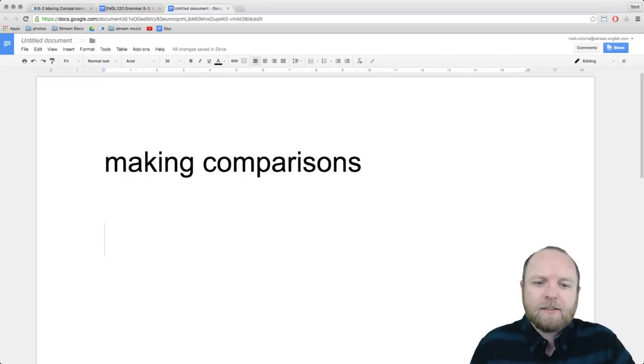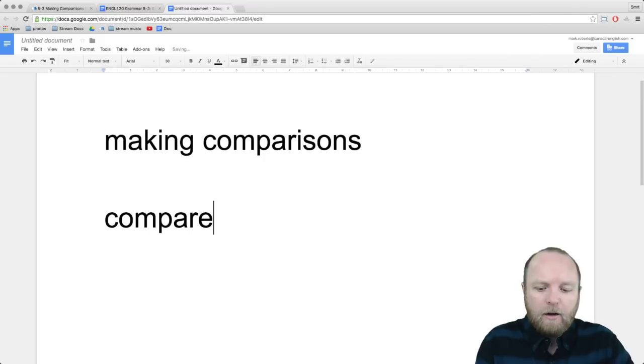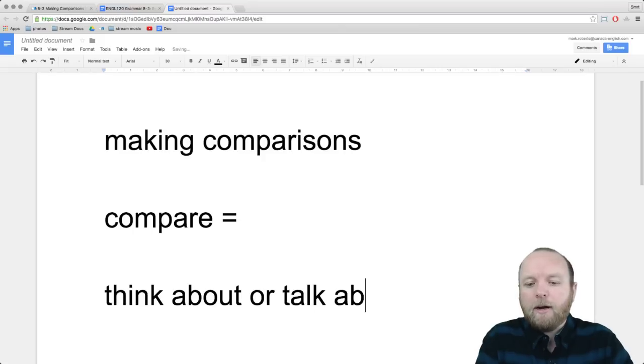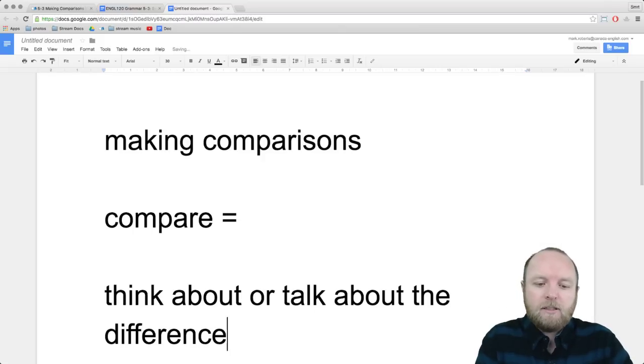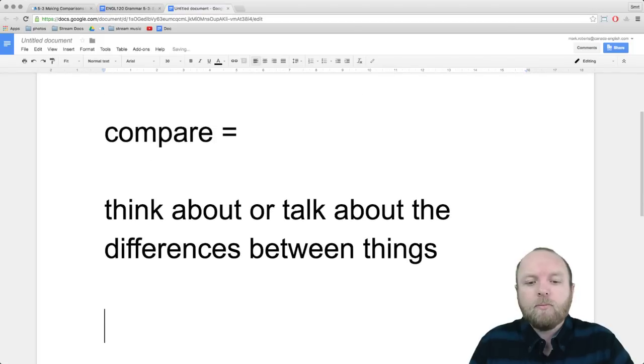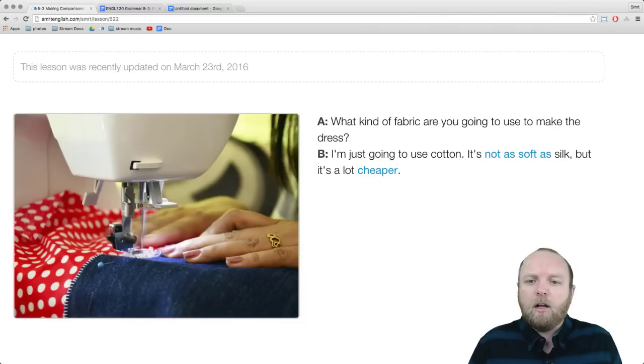Making comparisons. Compare means to think about or talk about the differences between things. Okay, so let's look at an example of what I'm talking about. Let's look at this photo.